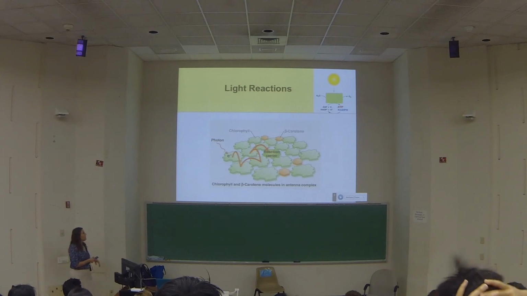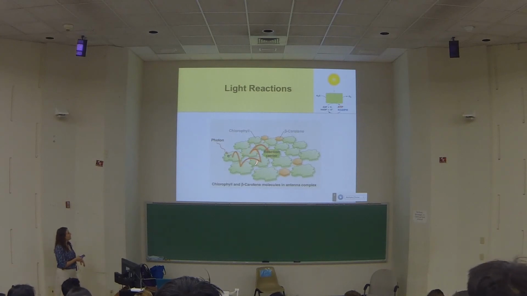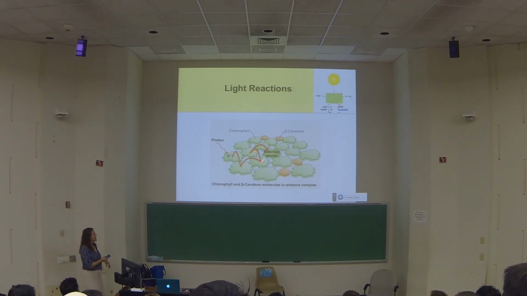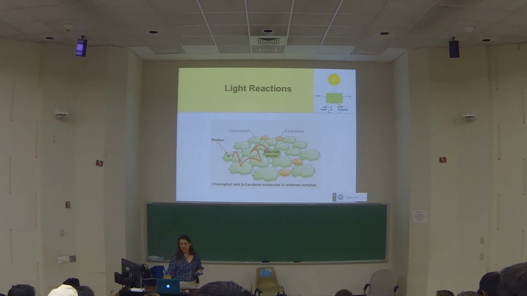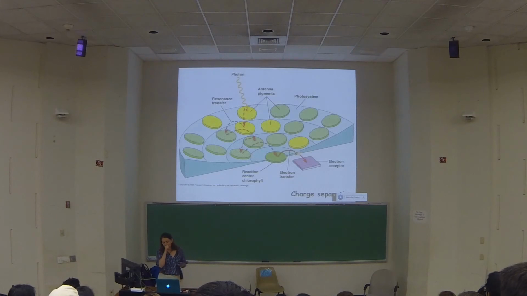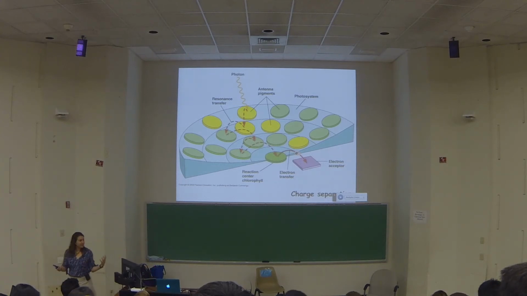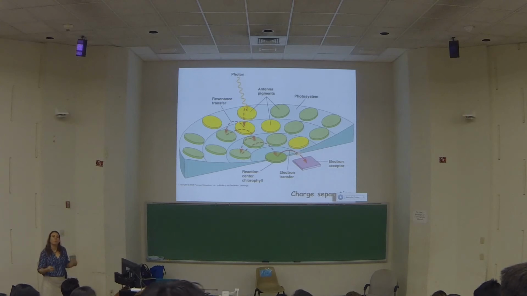There's an antenna complex, so all these pigments are on the outside, and then there's a reaction center. Let's look at the job of the antenna complex versus the reaction center. The antenna complex, like it sounds, is an antenna. It's picking up wavelengths of light.